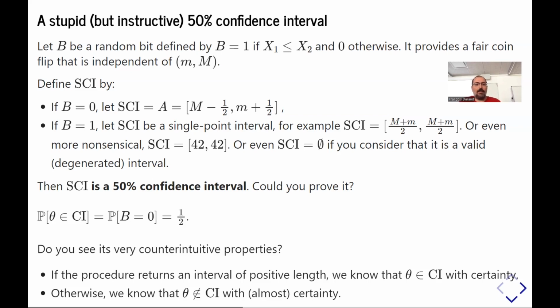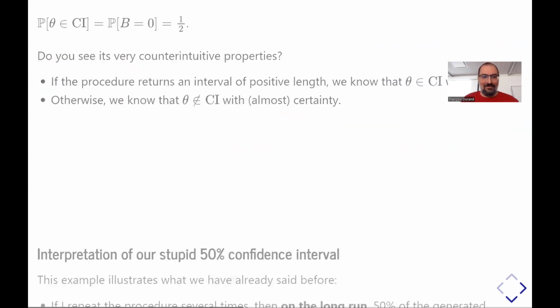Because in this particular case, if the procedure returns an interval of positive length, you know that you are in the first case, and you know that the interval with 100% certainty contains theta. And in the extreme case, you can assume even that SCI is empty, you know, of course, that theta isn't in the confidence interval. So you know that you have 0 information on theta. Exactly. In the first one, the confidence interval tells you something.